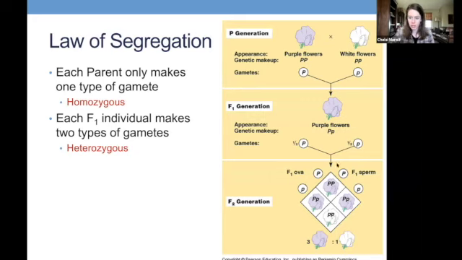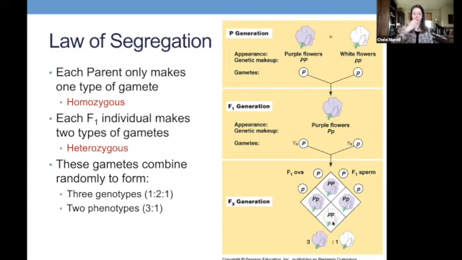The F2 generation will be a mixed bag of homozygous and heterozygous. There'll also be a mixed bag of colors, the phenotypes coming from that. But you'll have more purple ones because anytime you have that dominant allele, the flower is going to be purple. There's only one scenario where you can have a white flower, and it's if you have two of the little p allele.